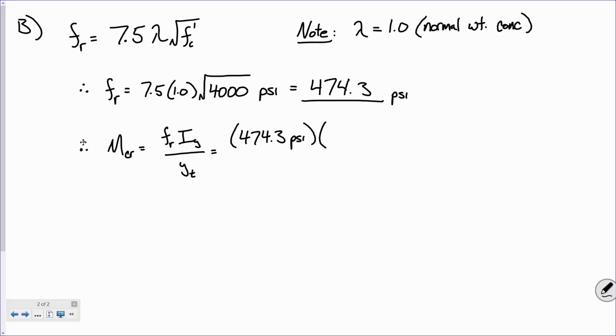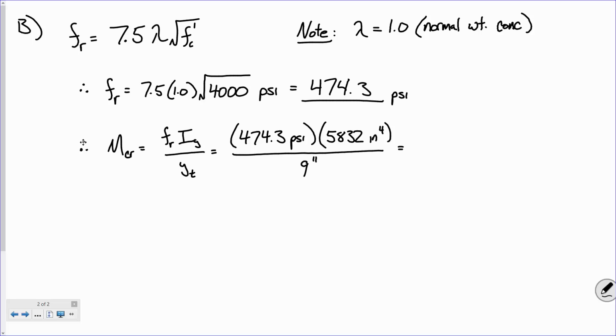What's the moment of inertia? There we go. And then 9 inches for that, right?